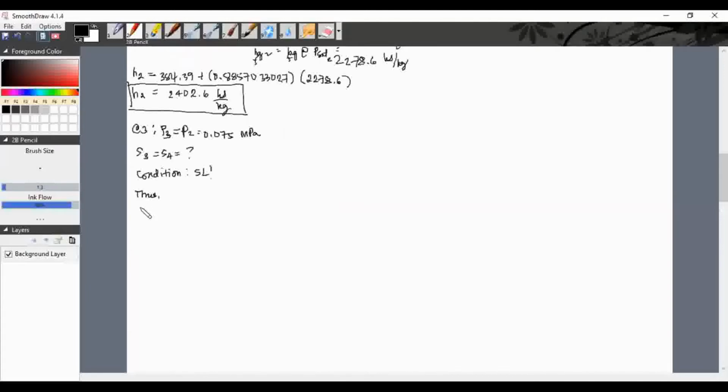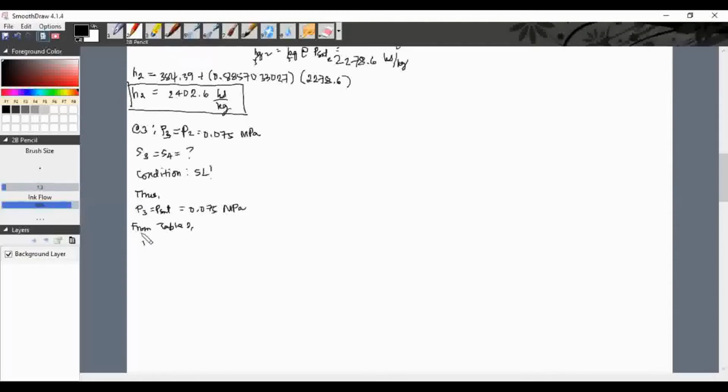So, P3 is equal to PSAT, no? PSAT, which is equal to 0.075 megapascal. So, from table 2 again, okay?